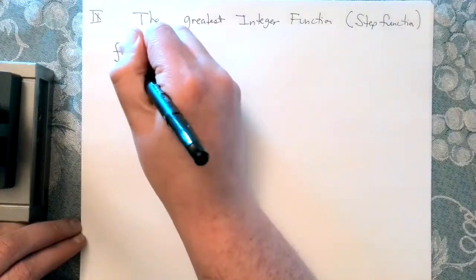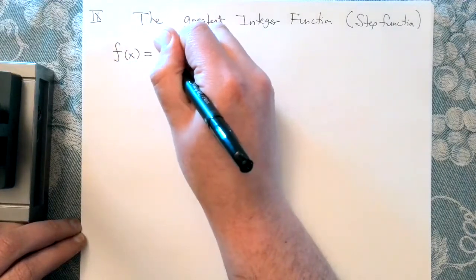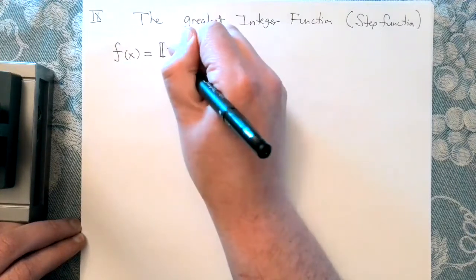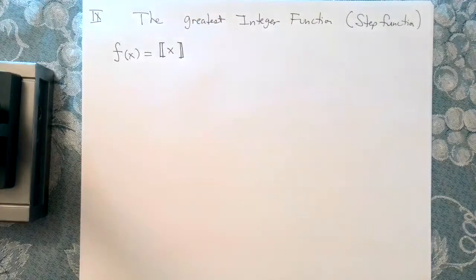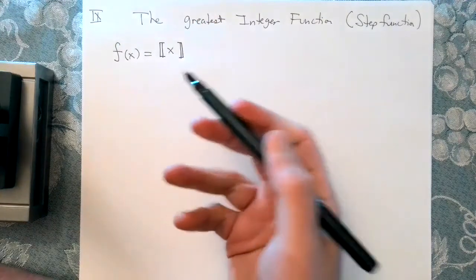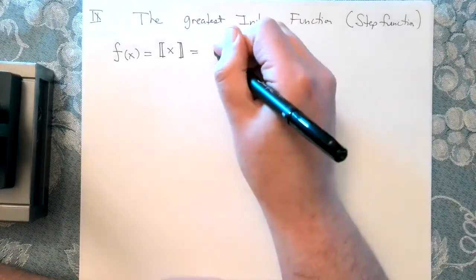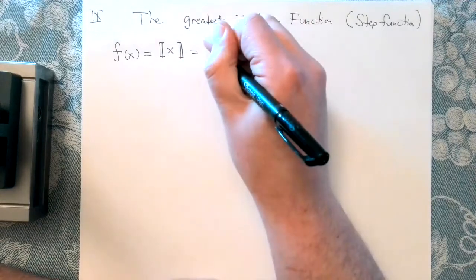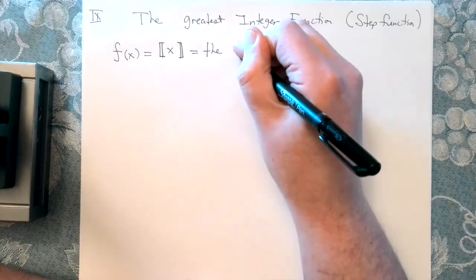And so this is the notation that's used with the greatest integer function, or the step function. So often we see this. And then the question, well, how is that defined? That's the important part, right? So this is equal to the greatest integer less than or equal to x. So yeah, we'll define it and then we'll show you what we mean by this in math.